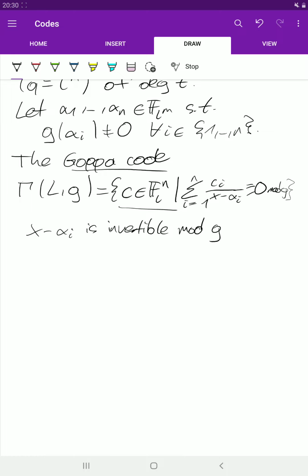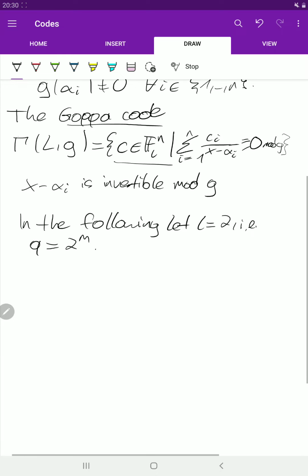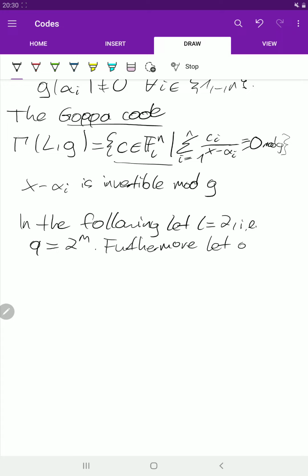Now we want to look at a special case, namely binary Goppa codes. So now we let L be 2, so that is q is equal to 2^m, and furthermore we let g be square-free.